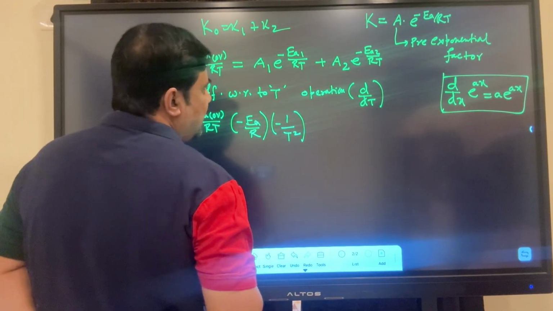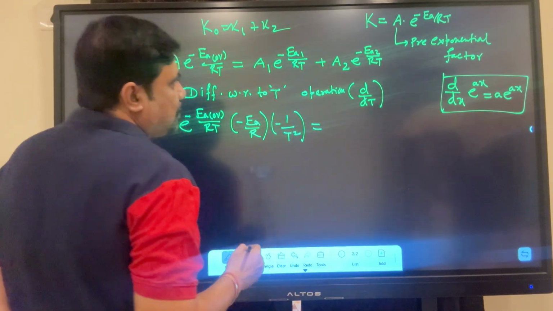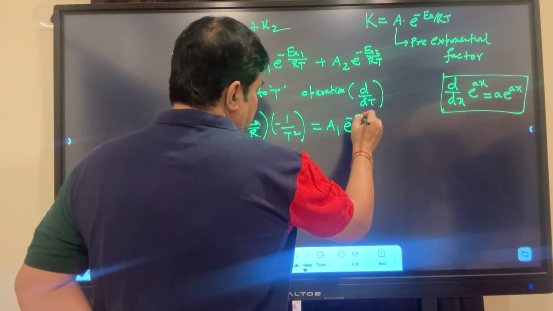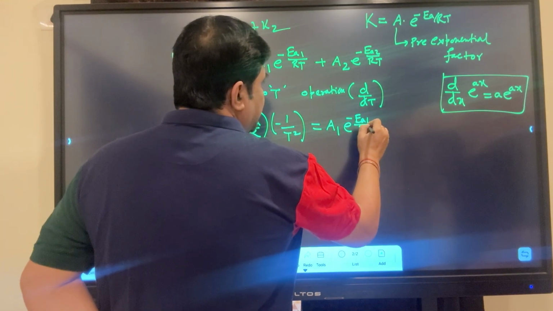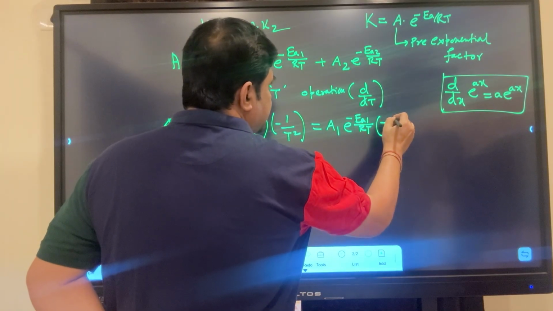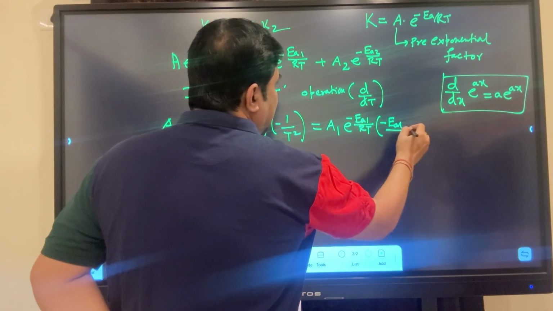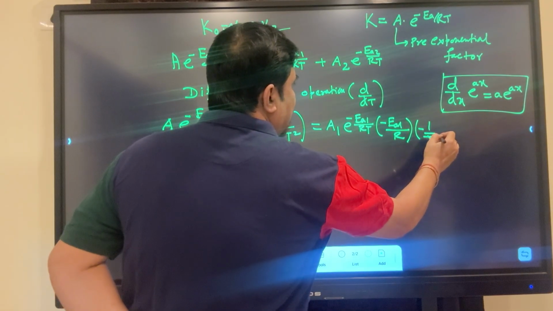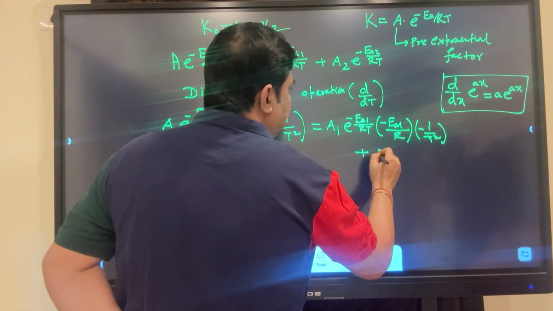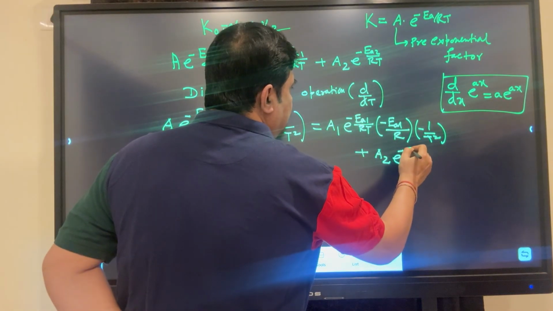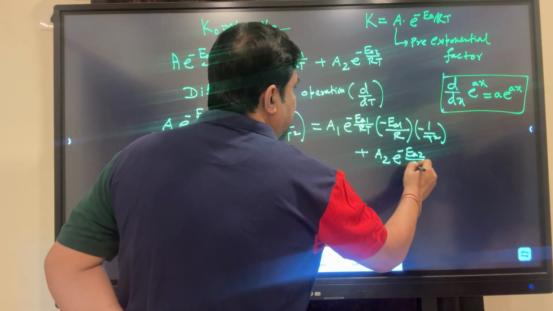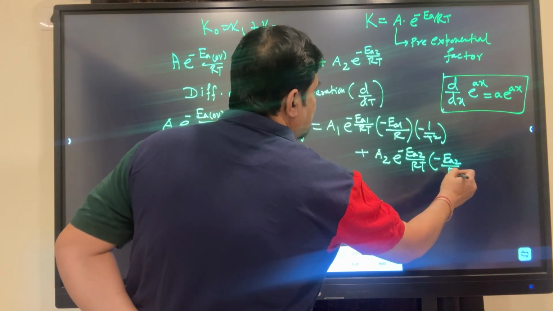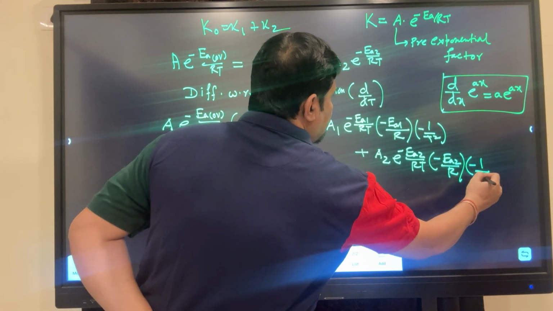Same way on that side also, we will get A1 e to the power minus Ea1 by RT, here also minus Ea1 by R and minus 1 by T square, and then here also plus A2 e to the power minus Ea2 by RT, minus Ea2 by R and minus 1 by T square.